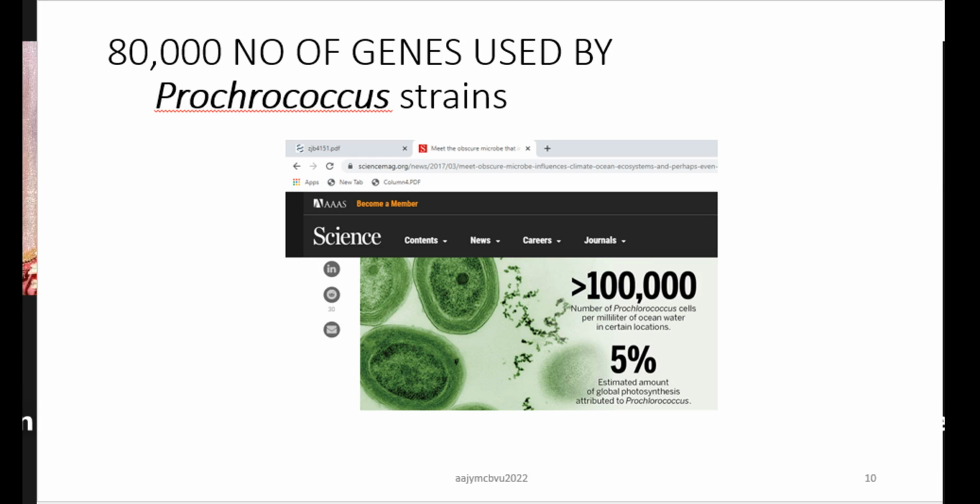So certain specialized methods like iChip or diffusion chamber, and all these things, are referred to as high throughput methods. High throughput, that is, they are going to give a high success rate when it comes to isolation or purification of bacteria.